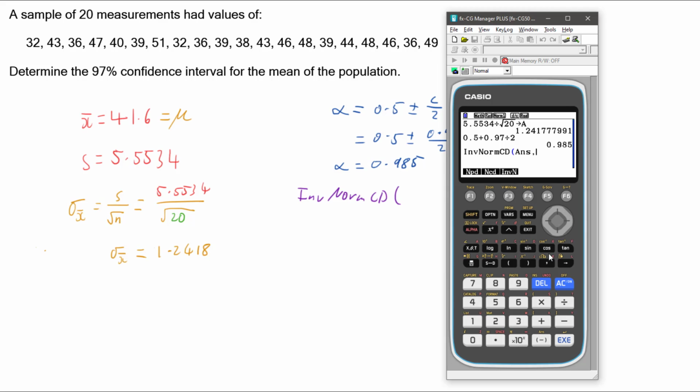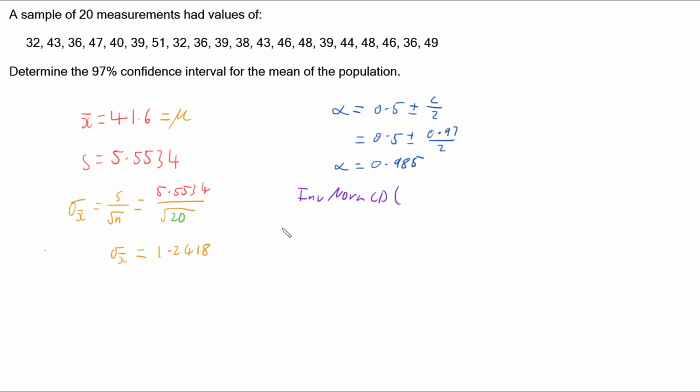We then need our standard deviation, which we have up here, which I put into A, and we need our mean, which was 41.6. Execute, and so we get our upper limit of 44.29. So the upper limit on our confidence interval is 44.29.